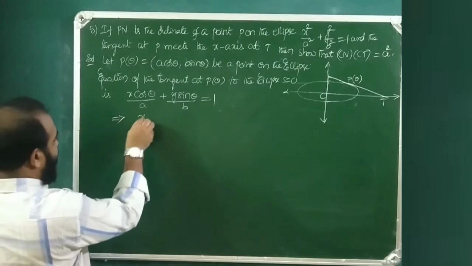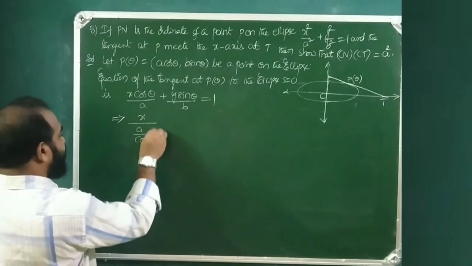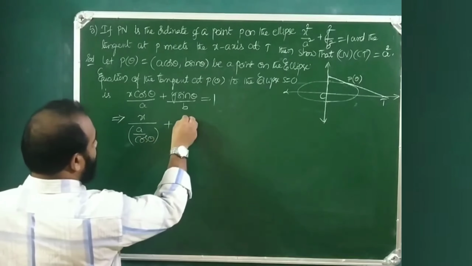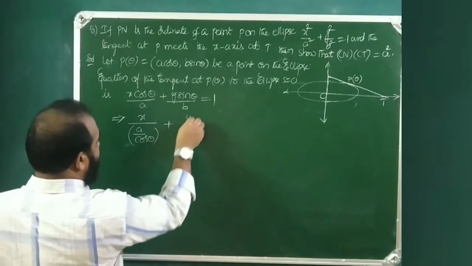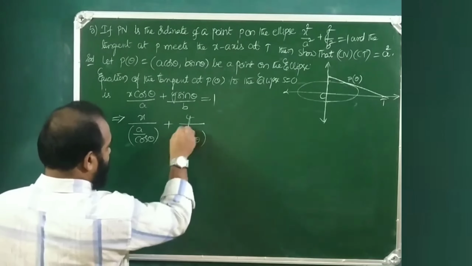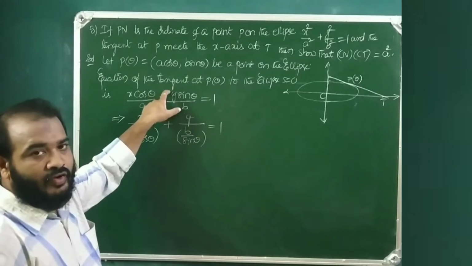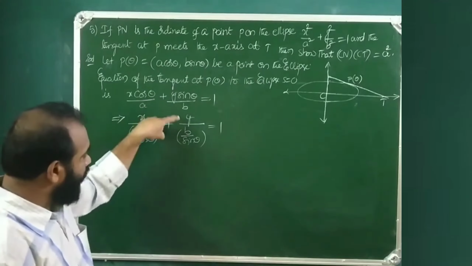This can be written as x by (a by cos theta) plus y by (b by sin theta) equals 1. This I have written in the form of x by a plus y by b equals 1.